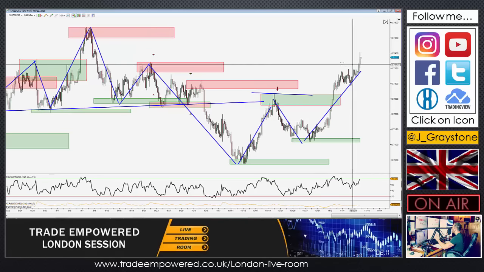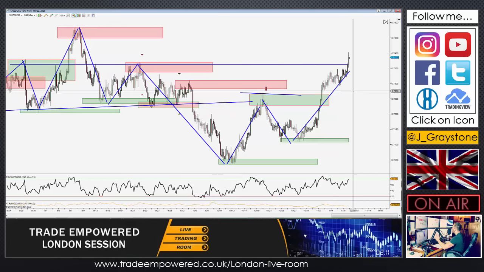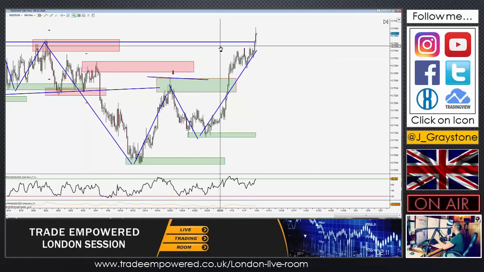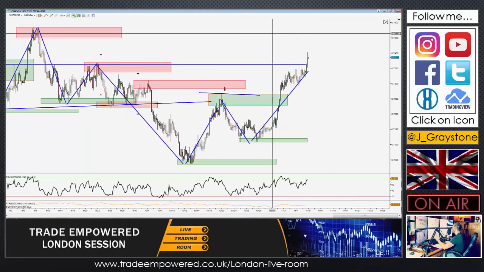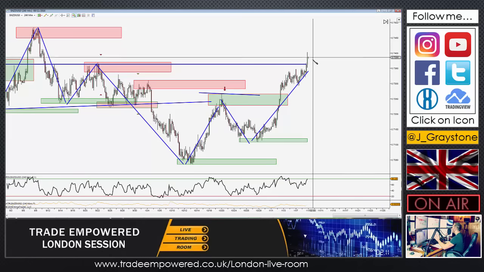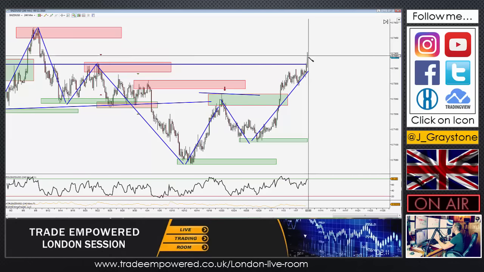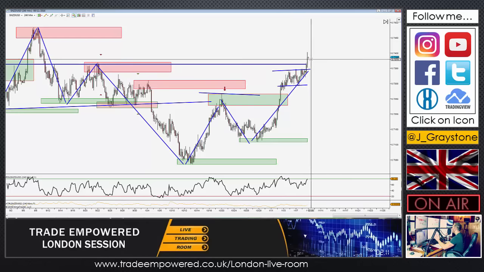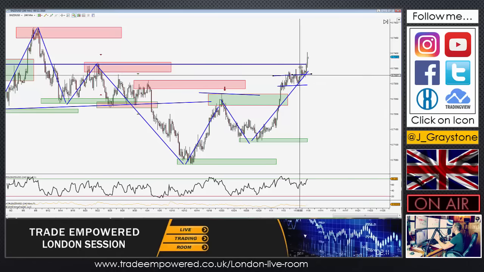We was looking at this shoulder level earlier on in the live room, but we've broken and closed above that now as well. So if you're looking to get long for a retest of the highs, we don't know if this move's finished yet, but the first area I'll be looking at is this little consolidation wedge pattern in here, or flag pattern, whatever you want to call it.